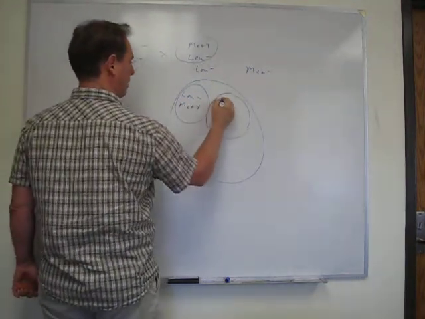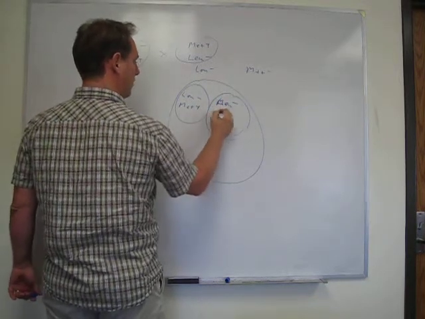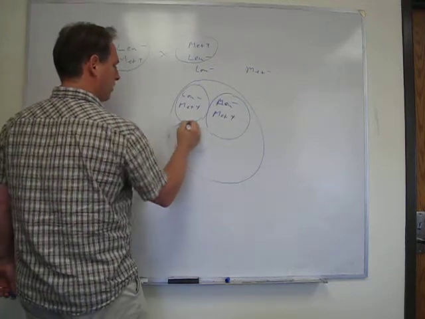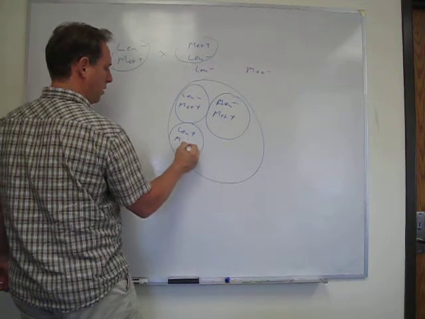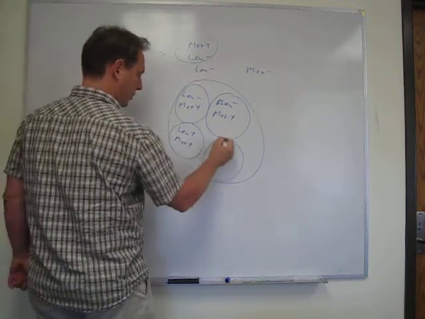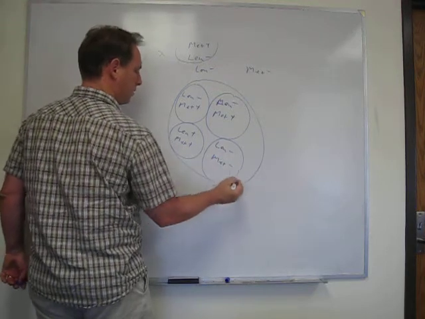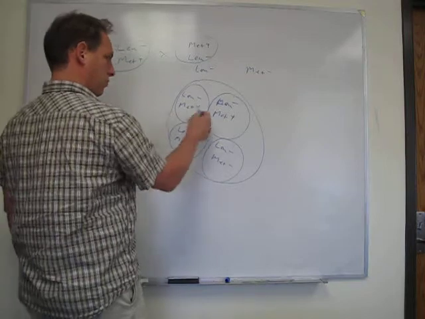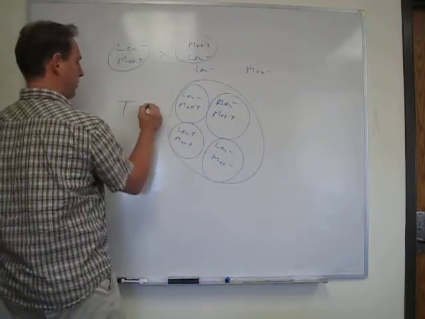You can have the other parental type of genotype, Leu plus Met minus. But then you could also have both of them be Leu plus and Met plus, and then the other one is Leu minus Met minus. And so in this particular case, there are four kinds: the parental kinds and the non-parental kinds. And this would be called the tetratype.